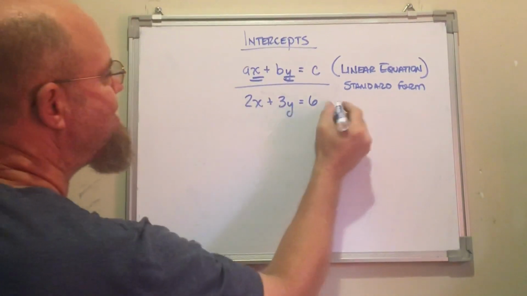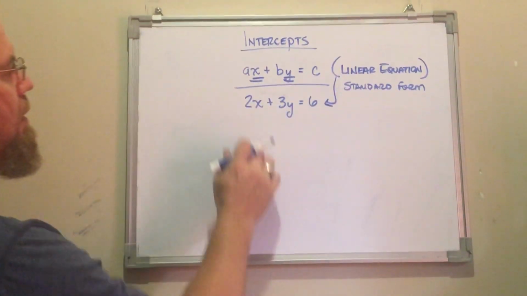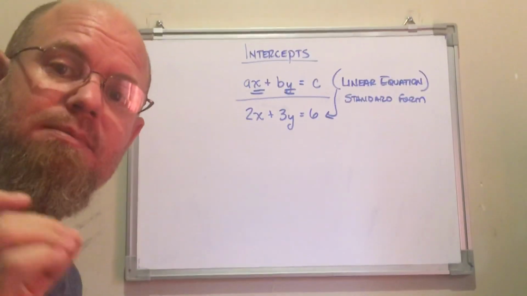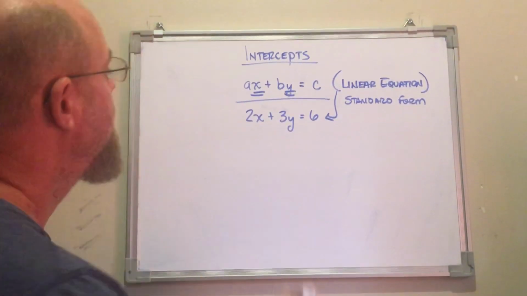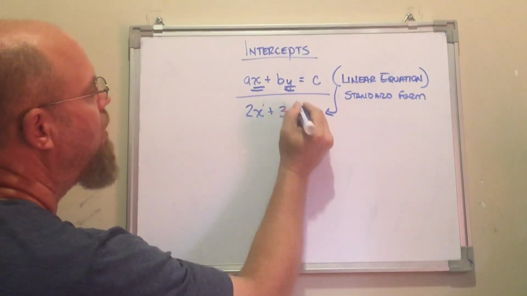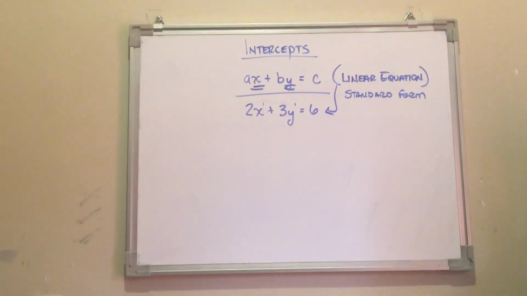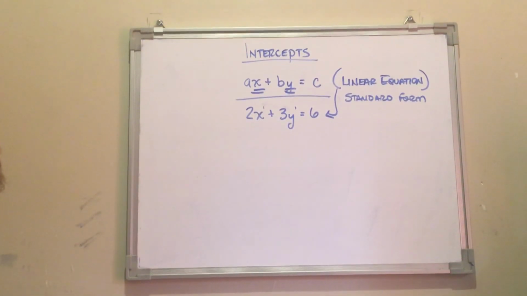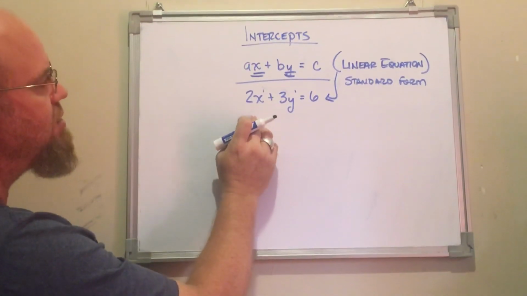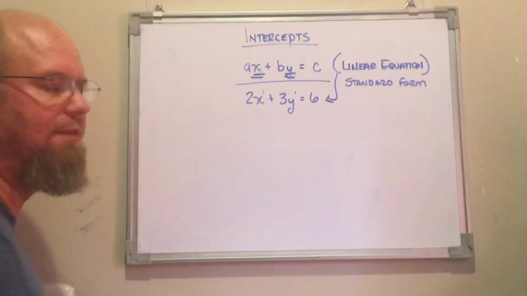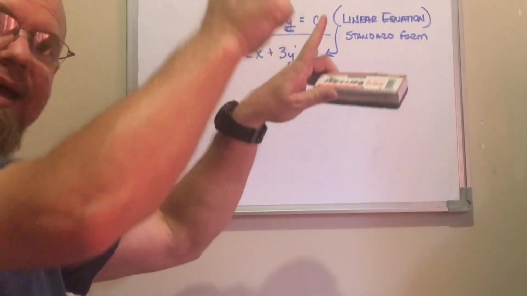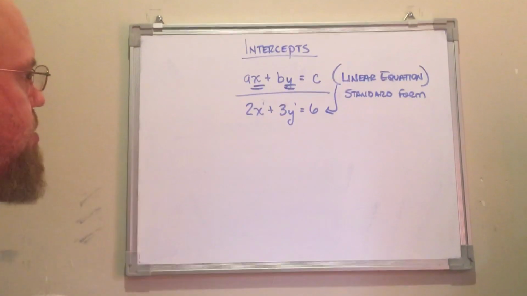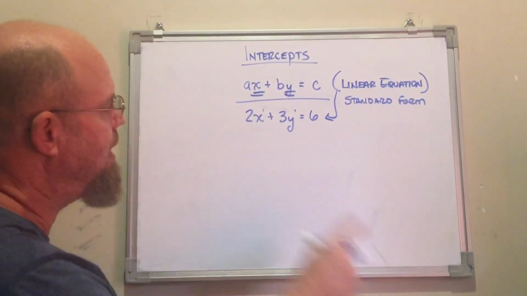This right here is a linear equation. We have two variables. You can also have one variable, but the variable has to be to the first power, like x to the 1, y to the 1. In order to find the intercepts, we want the x-intercept and the y-intercept. So we have 2 points that we can connect with a line to graph this equation, because this equation is going to produce a straight line.